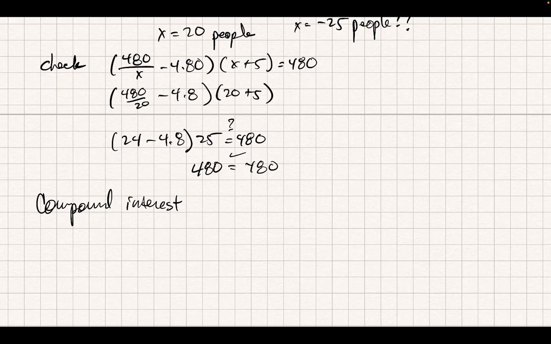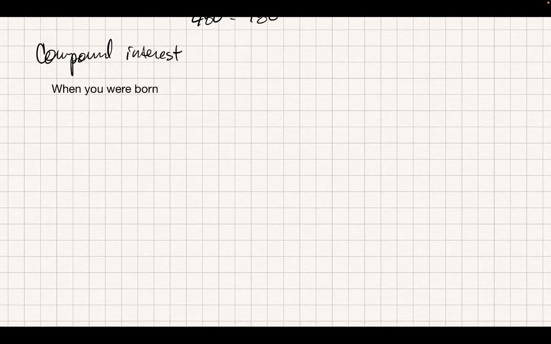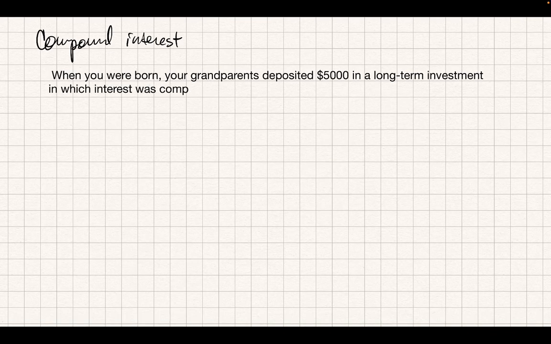Yo, compound interest. It's like money. Guys, the equation is A equals P times parenthesis. When you were born, your grandparents deposited $5,000 in a long-term investment in which interest was compounded quarterly.